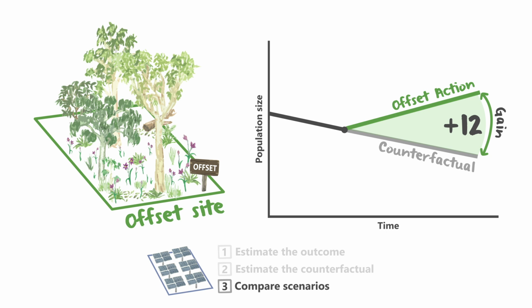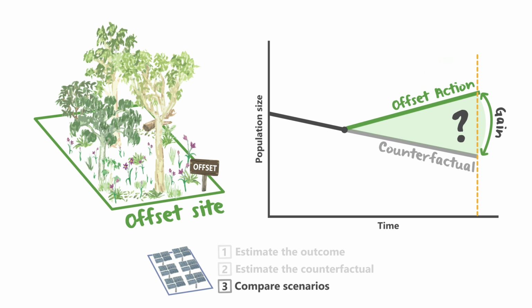One important point to note is that in these offset gain calculations, we're making predictions about what might occur at some future point in time. Because of this, there are two additional factors that need to be considered. One of these is that there is a lot of uncertainty around these predictions, and so the estimate of the gain resulting from the offset is also uncertain.